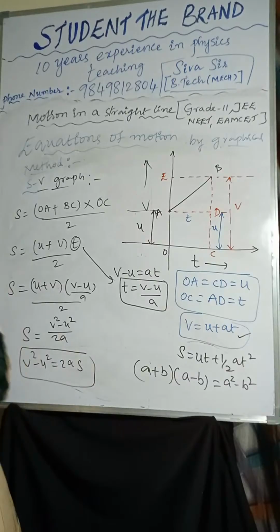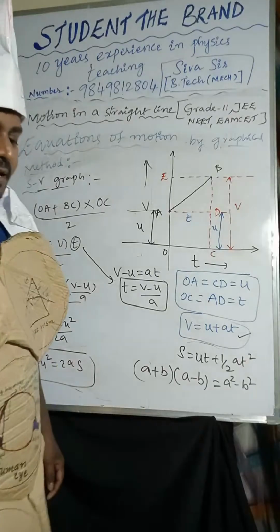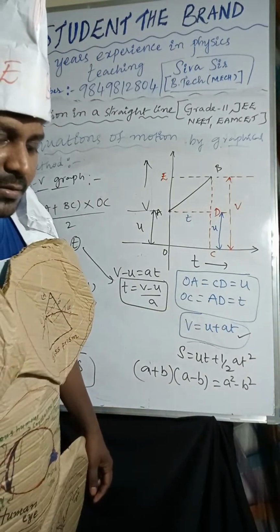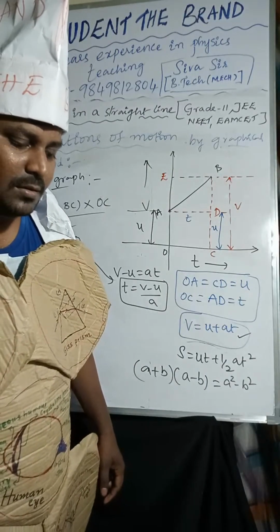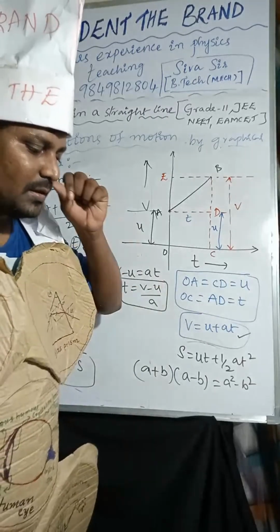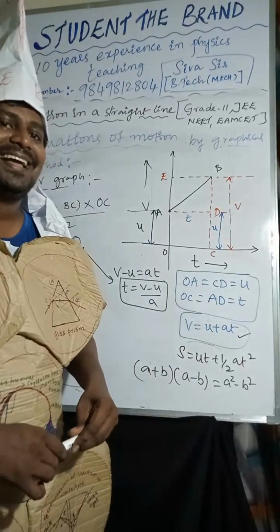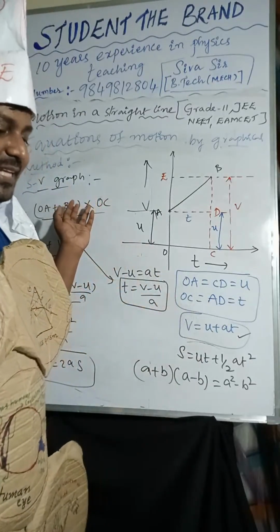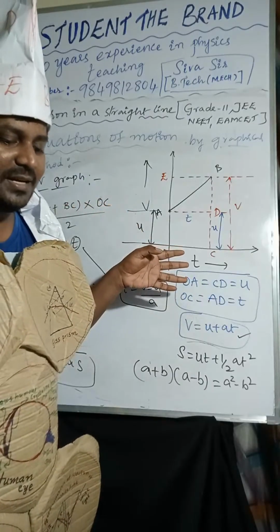Understood? So this is about the equation of motion from the graphical method.